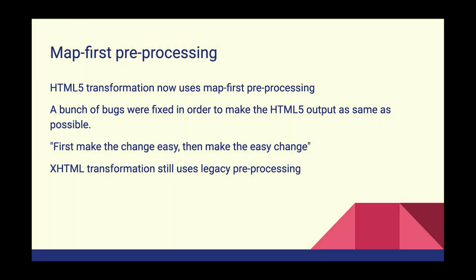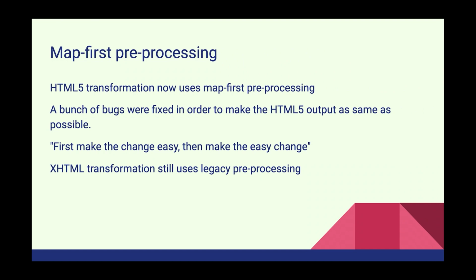The XHTML transformation still uses the legacy pre-processing. Also, the other legacy transformation types use the legacy pre-processing just because I know some people are still using really old Open Toolkit versions for reasons.